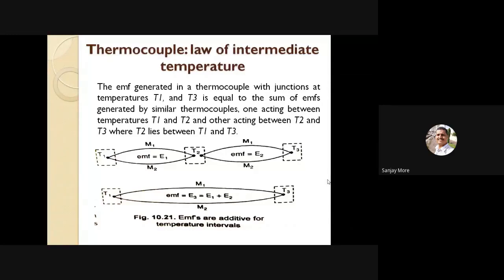Next line, write down title: Law of intermediate temperature. Write down.